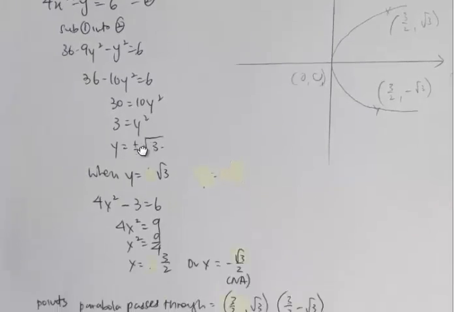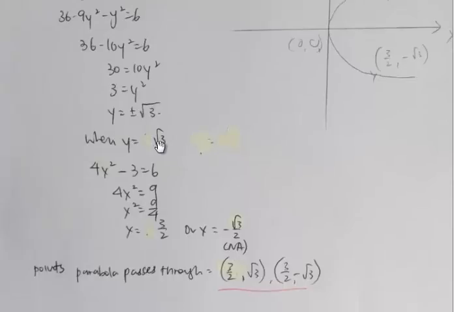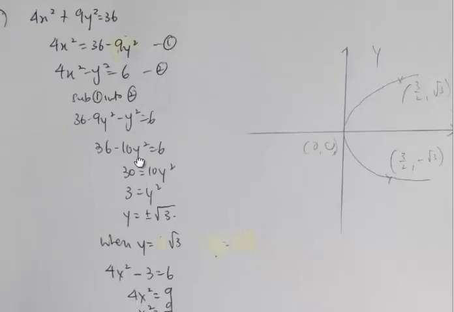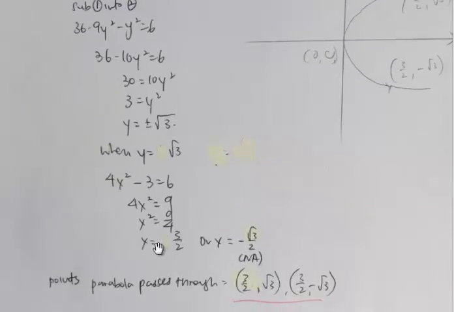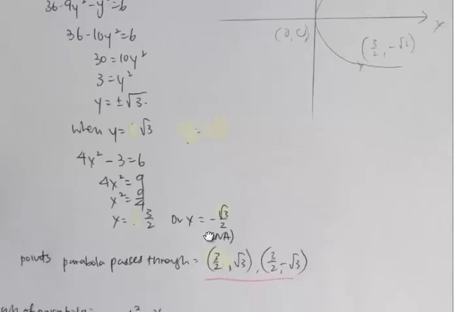We can just use the value of square root of 3 and not negative square root of 3, since when squared in this equation we get the same value 3. So in the end we get two values of x, which are 3 over 2 and negative 3 over 2. However, it's given in the question that x must be more than 0, so we reject negative 3 over 2. Thus, the points that the parabola passes through will be 3 over 2, square root of 3, and 3 over 2, negative square root of 3.